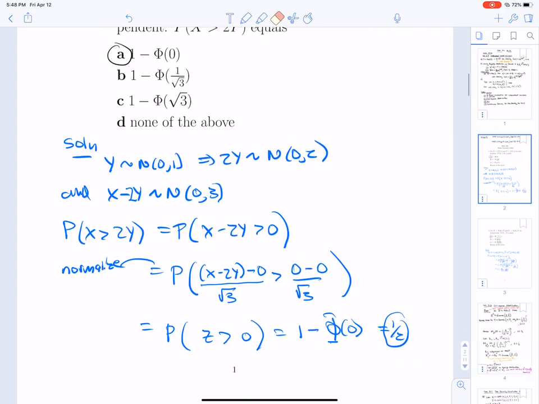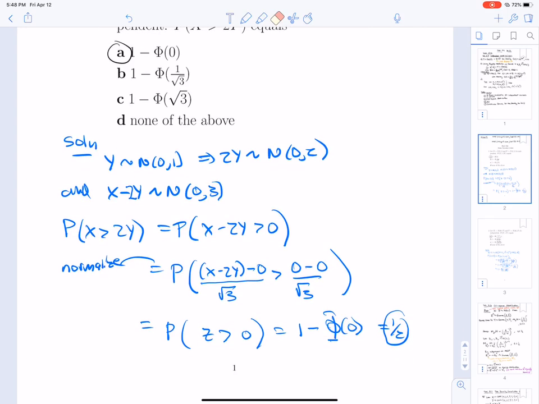And the idea is to write X greater than 2Y as X minus 2Y greater than 0, and X minus 2Y is normal with mean 0 and variance 5. So we can normalize and get the probability that Z is greater than 0, which is 1 minus phi of 0, or a half.